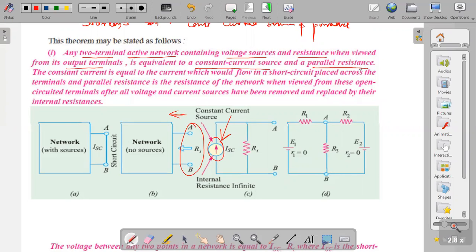This is your parallel resistance. Understood?